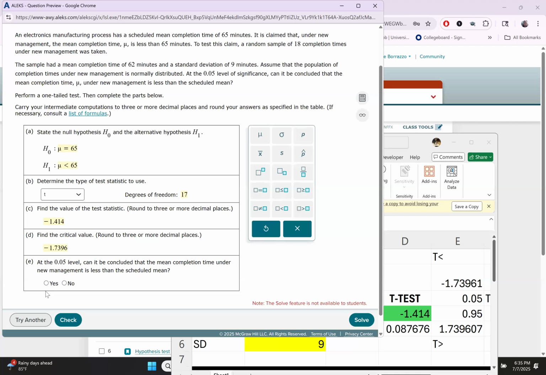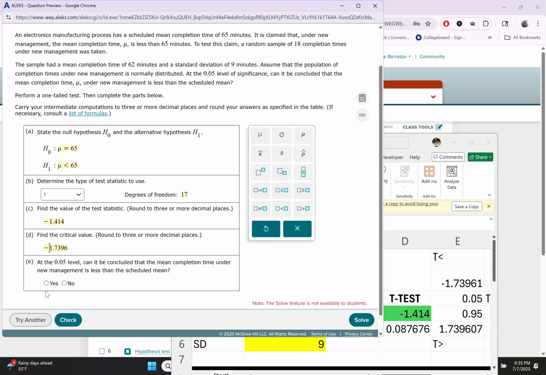And at the 0.05 level, can we conclude that the mean computer completion time under the new management is less than? Yeah, you're going to say yes? I don't know. I'm just going to say yes though.